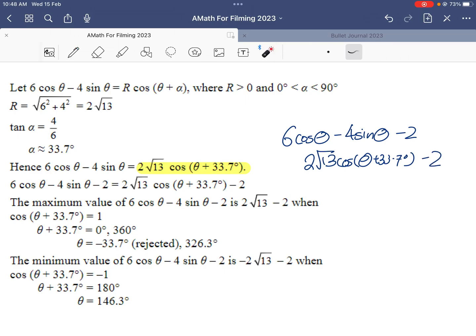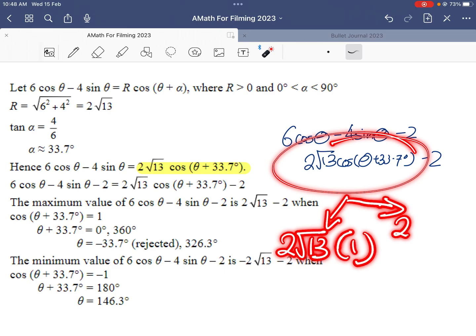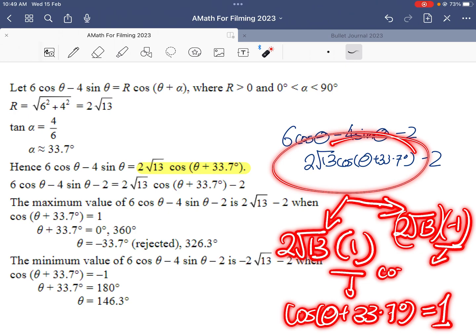So the maximum value of this part is 2 square root 13 times 1, and the minimum value is 2 square root 13 times negative 1. The maximum occurs when cosine(theta plus 33.7 degrees) equals positive 1, again because the maximum value of a cosine function is 1 and the minimum value is negative 1. Similarly, the minimum occurs when cosine(theta plus 33.7 degrees) equals negative 1.